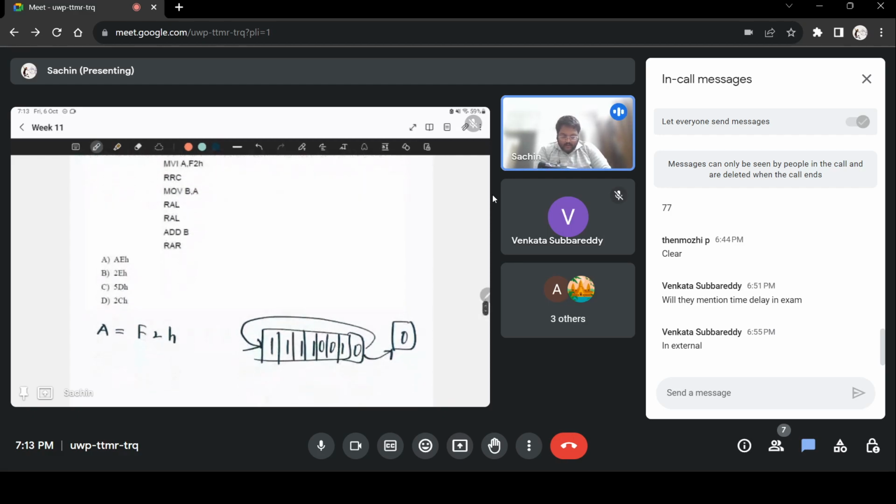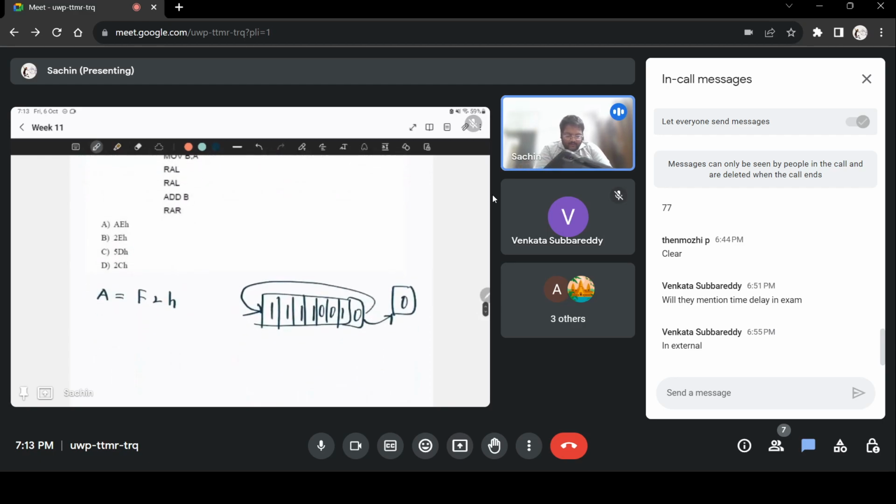The carry bit is still 0, but the number is 01111001. So now A is 79H.